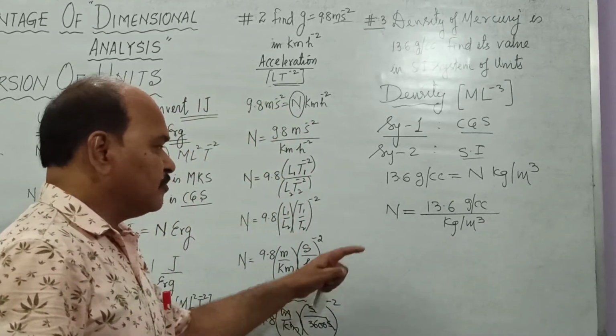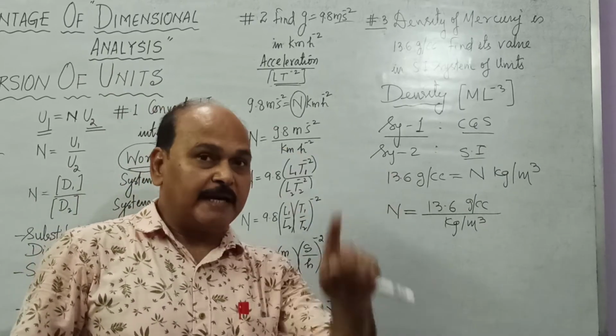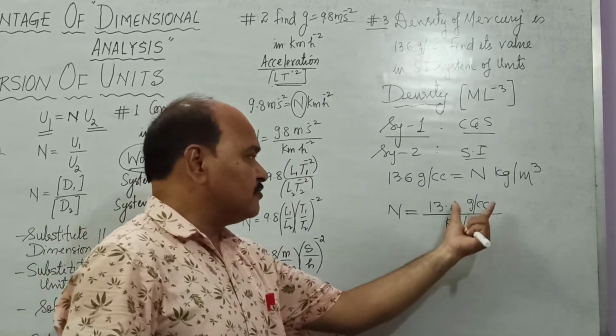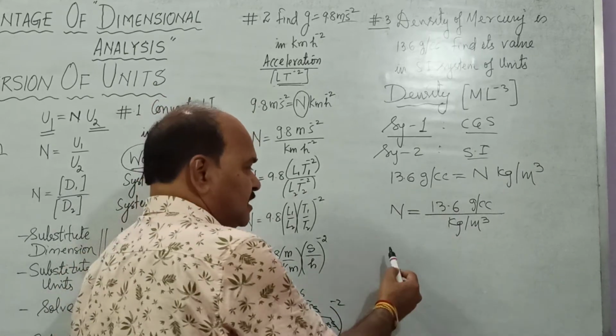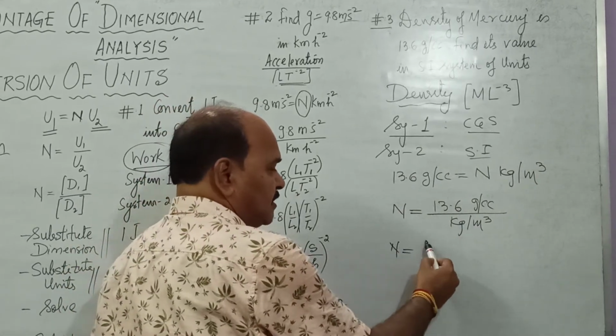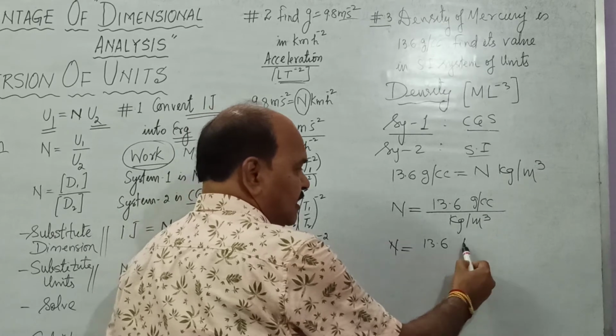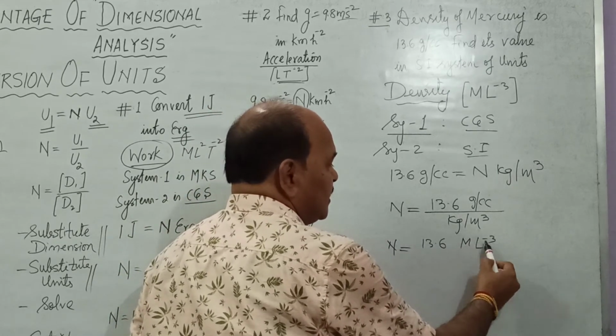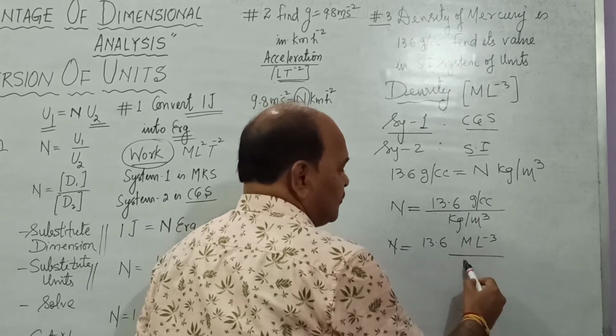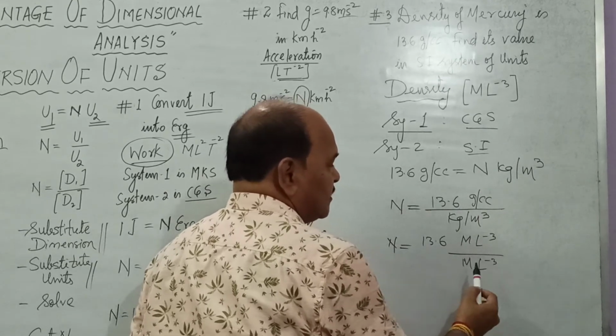Now, since we wish to bring about this conversion using dimensional analysis, we'll have to switch over from unit to dimensional formula. So what is this dimensional formula? Dimensional formula in system 1 is ML^-3. Even in system 2, the dimensional formula is ML^-3.